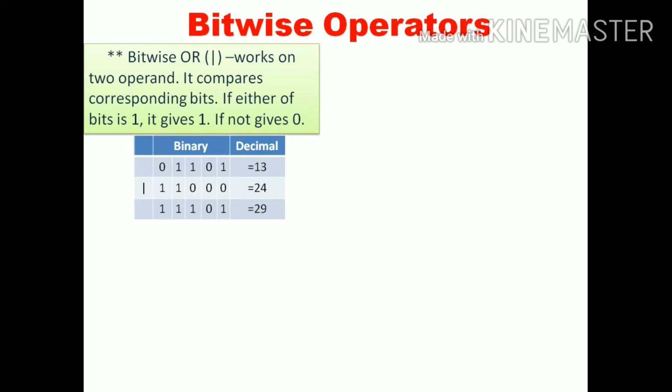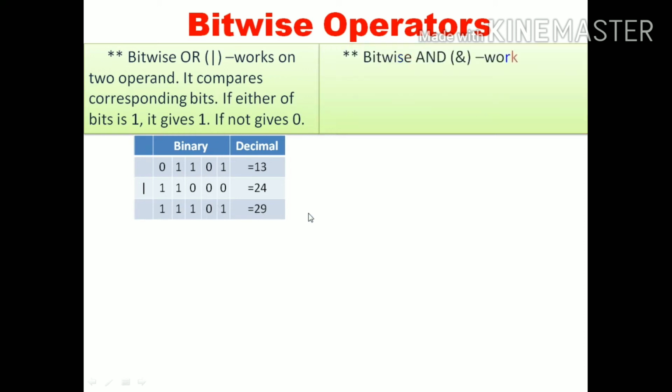What is the binary value of 24? 11000. So if you use the OR sign, 0 and 1 becomes 1, 1 and 1 becomes 1, 1 and 0 becomes 1, 0 and 0 becomes 0. If you have a single 1 in that part, it will give you 1. If you have both 0, the answer will be 0. Now the final answer is 11101. Now we can convert the binary form into decimal, and we get 29.